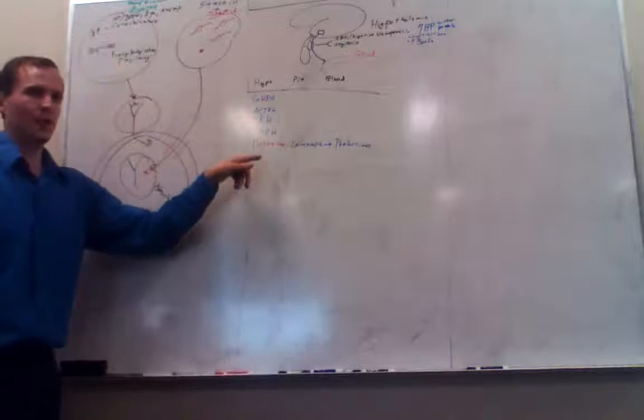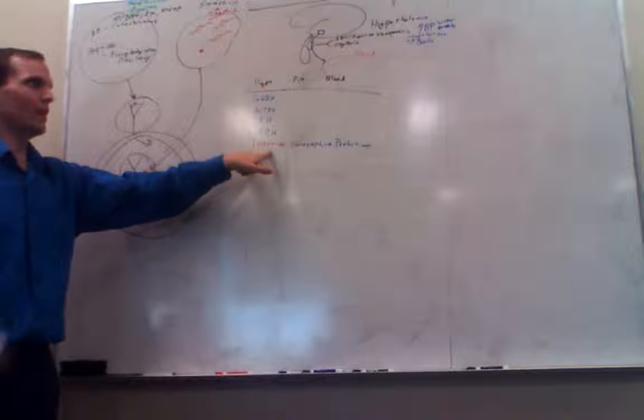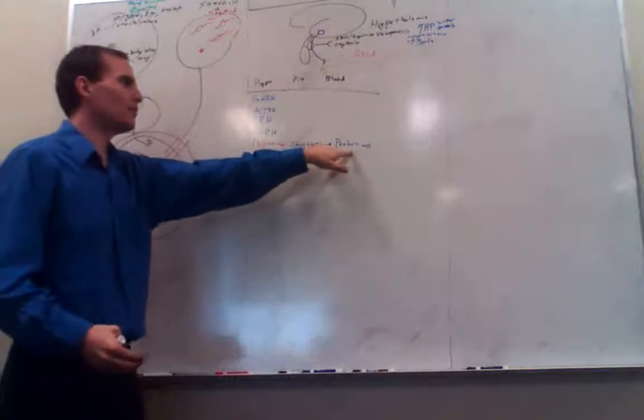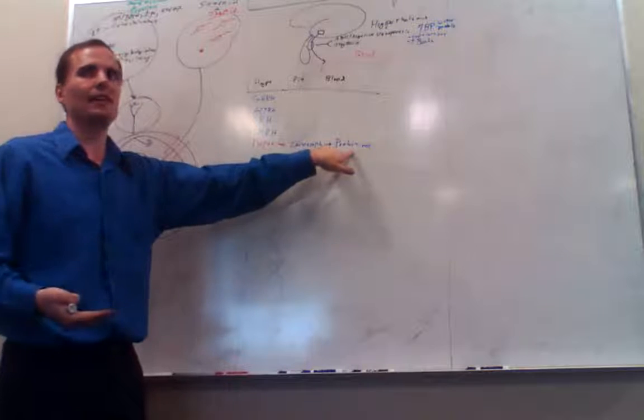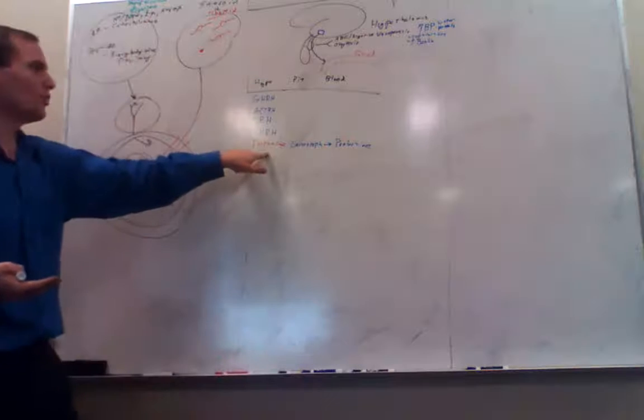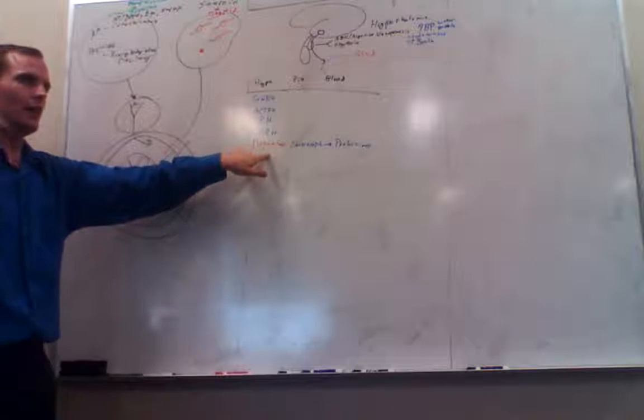So for guys, for example, dopamine will be coming out of the hypothalamus for our entire life. We never need to have prolactin, which stimulates lactation or milk let down from the breasts. So dopamine would be going for a guy's entire life.